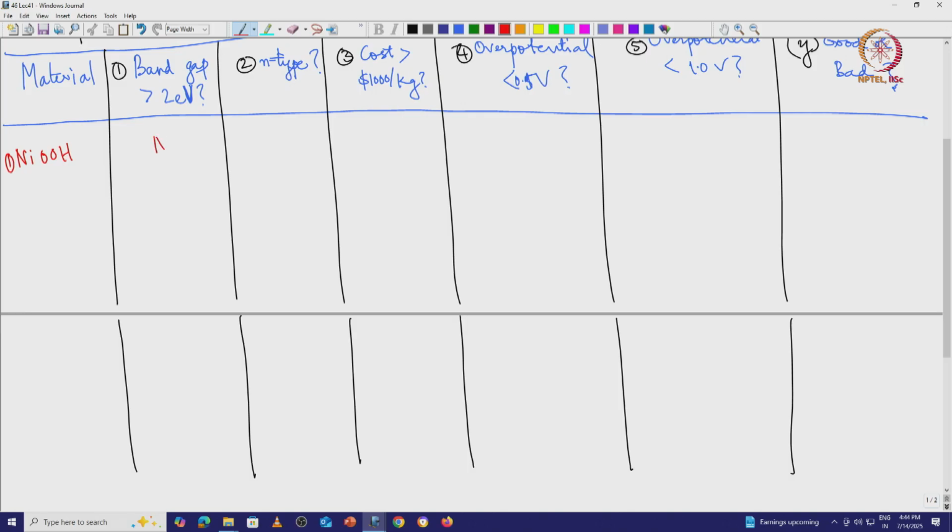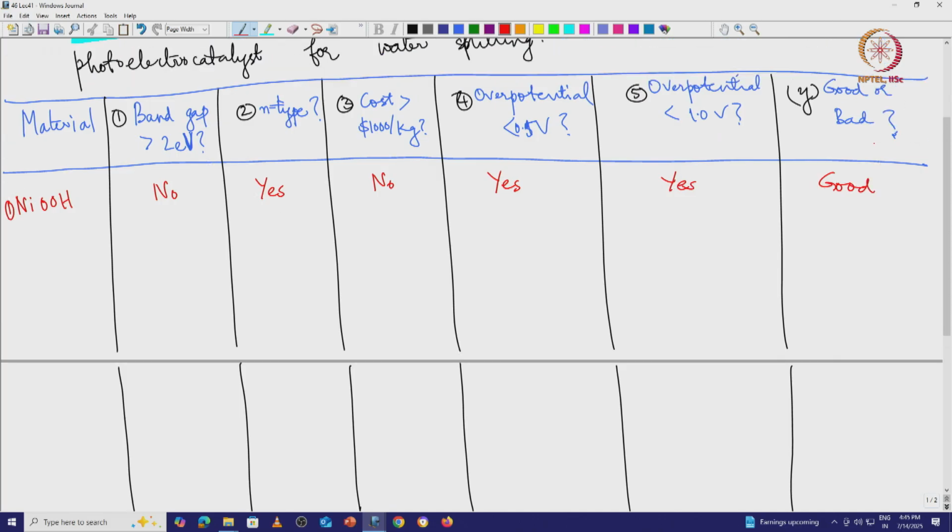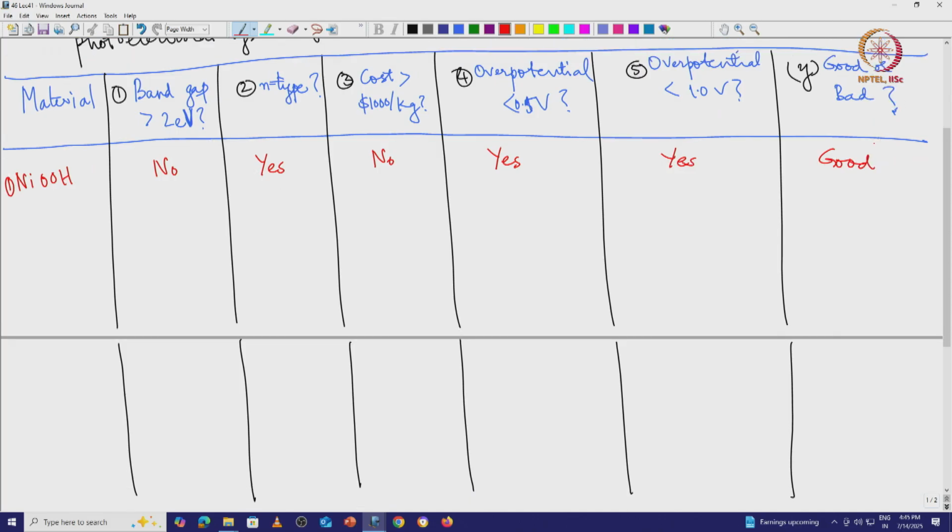So this does not have a band gap greater than 2 eV, this is an n type material, the cost is not greater than 1000, the overpotential is less than 0.5, it is also less than 1 of course, right, and then it is a good photoelectrocatalyst, that is what has been told to us. So this is data that is available to us.